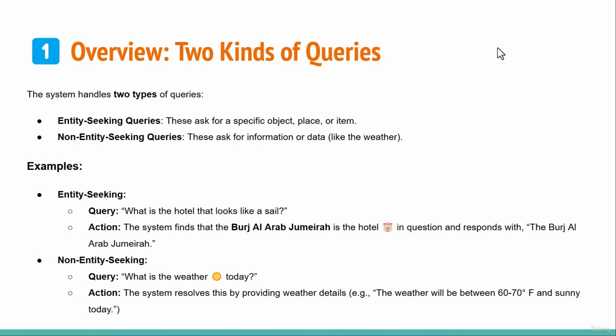If the query is find a hotel that looks like a ship's sail, the system will check and tell you through the whole process that it is the Burj Al Arab Jumeirah. Now, what does a non-entity-seeking query look like? What is the weather today? In this case, the weather information will be provided, today's temperature, if it will be sunny or rainy, and so on.